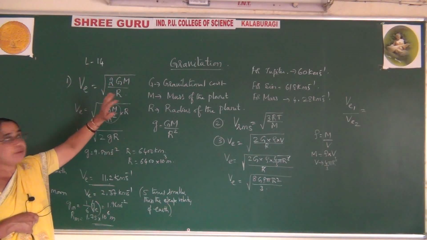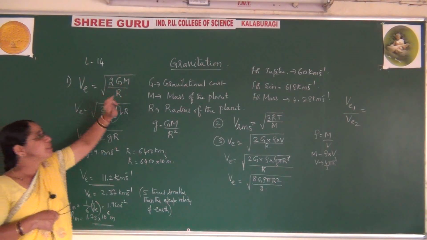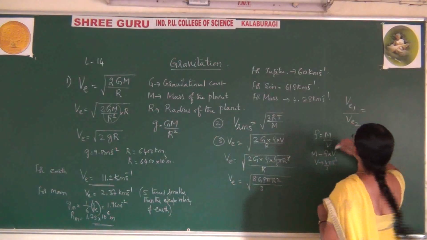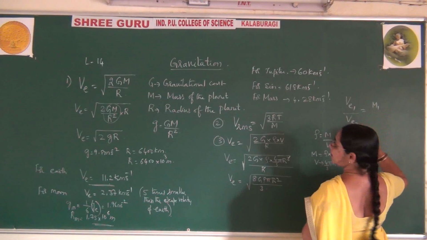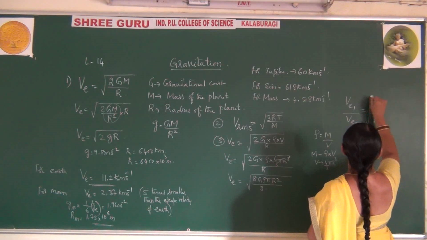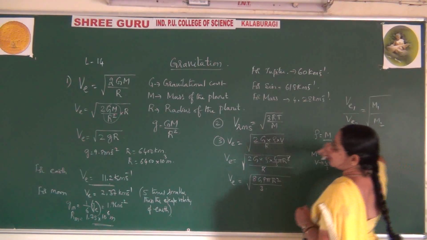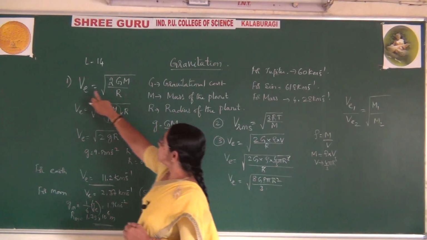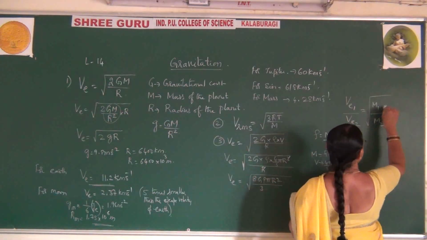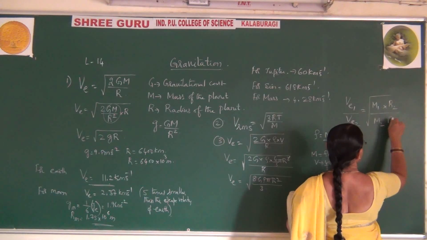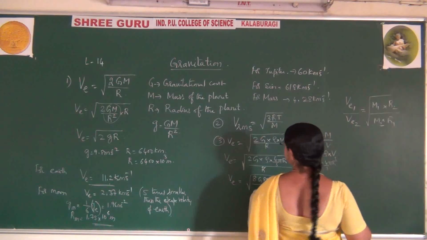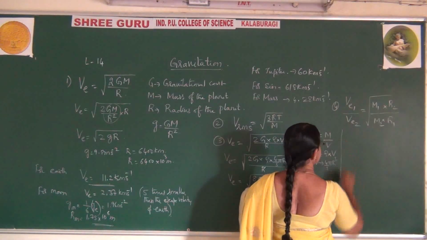So VE is directly proportional to the root of m, and inversely proportional to the root of r. If you write for these two planets, I can write m1 divided by m2 under root, and r2 by r1 like this. If you rewrite, you can write in terms of escape velocity like this.